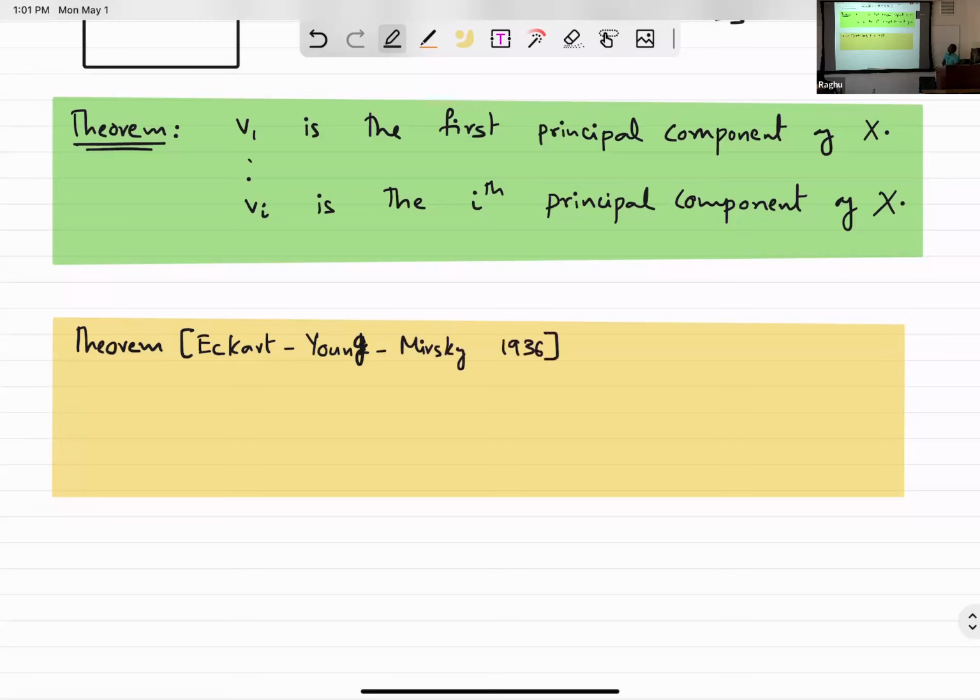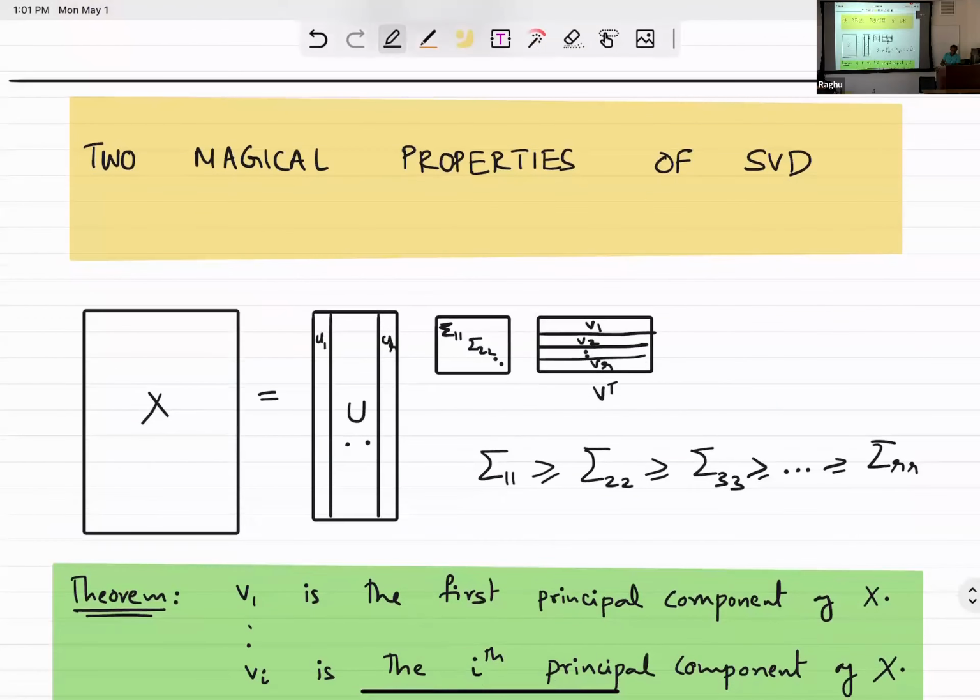I said, these things have been around for a long time. If you give me k and you ask me to find the best low rank approximation, the solution, as it turns out, is to basically look at the SVD and throw out all but the first k things.